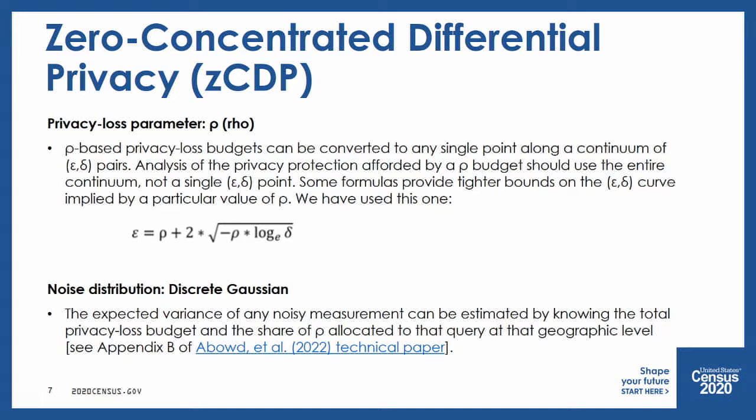They correspond to a curve of epsilon-delta pairs, and that you should look at that full curve rather than looking at any single epsilon-delta equivalent. The question was, can I talk more about the implications of that for interpreting the semantic guarantee? And I deferred answering that to some of the much more knowledgeable differential privacy experts in the audience, because I know if I attempted it, I would not do it justice.